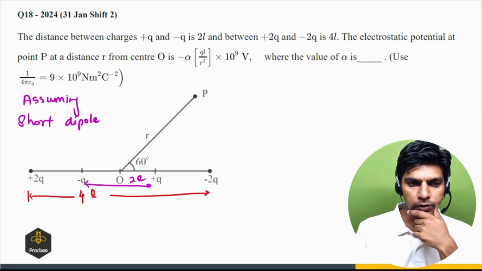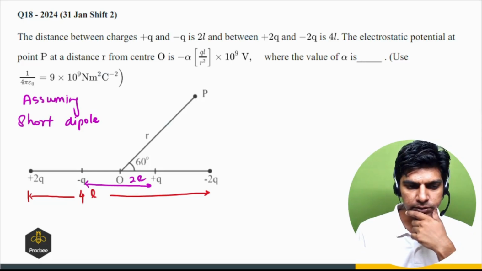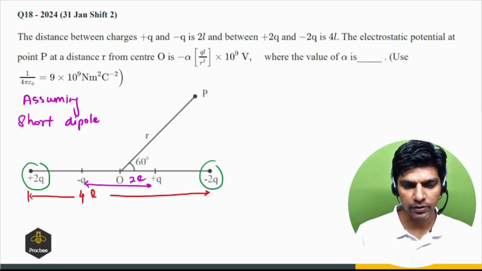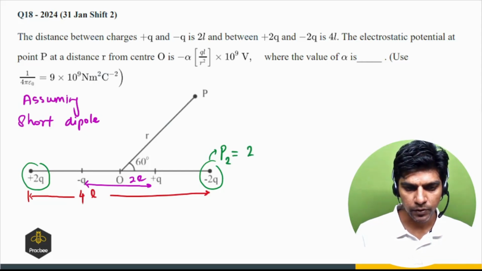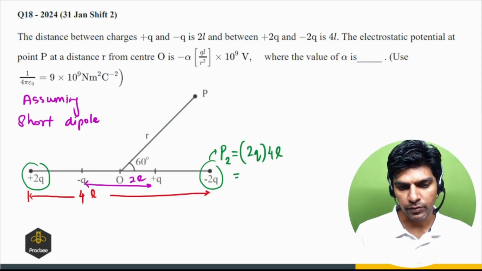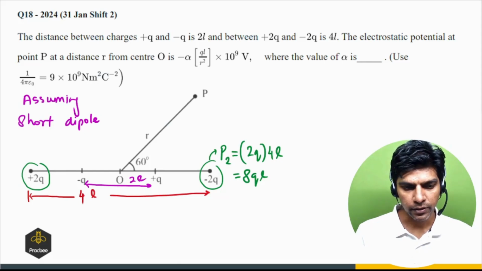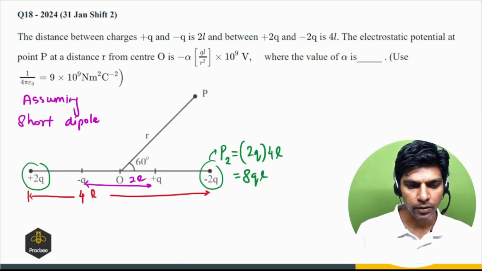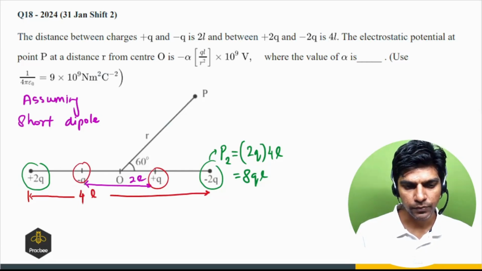Okay, so what we can say, plus 2q and minus 2q will form one of the dipoles, right? And for this, let me call the dipole moment P2, and it will be 2q times the distance between the two charges, which is 4L. So it comes out to be 8QL. And for plus q and minus q, the dipole moment will be q times 2L.